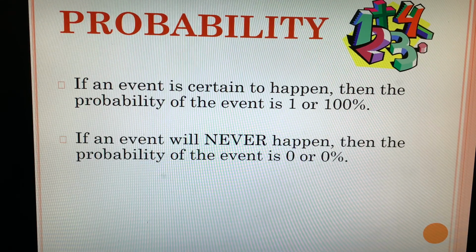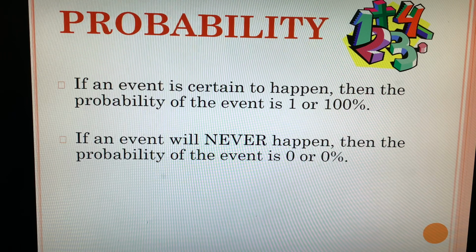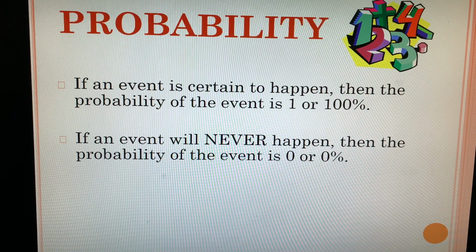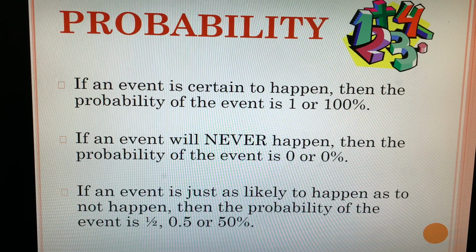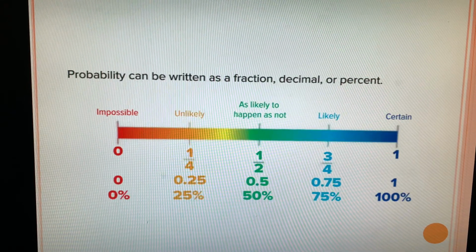If an event will never happen, then the probability of the event is 0 or 0%. If an event is just as likely to happen as to not happen, then the probability of that event is 50%.